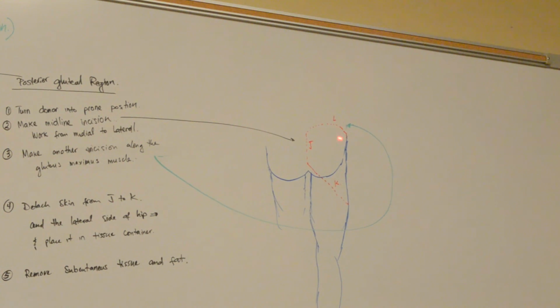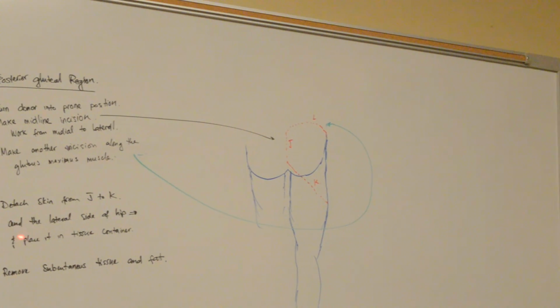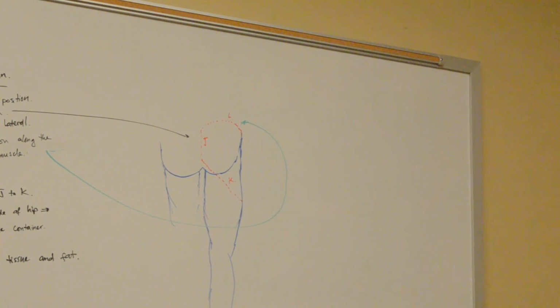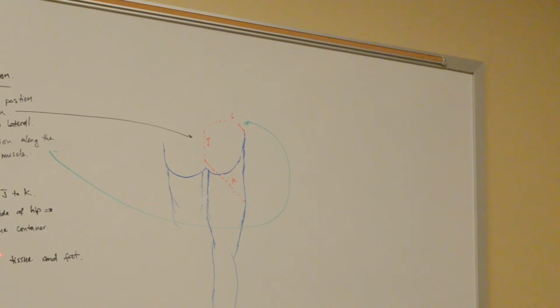We want to make an incision right there, and we want to detach the skin from J, J is right here, to K, and then we want to put those tissues that we have just detached into a tissue container using the black bag that is given to us, and put all those tissues in there, and it will be kept with the donor at all times.